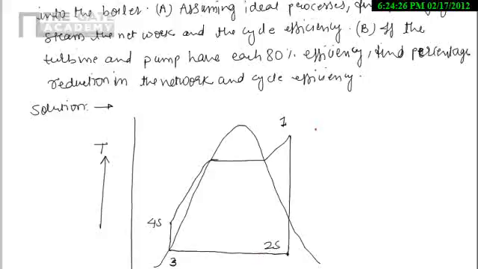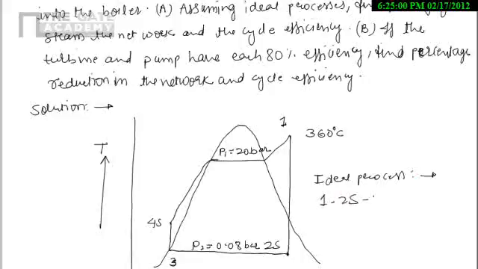So this one we are having at a temperature 360 degrees centigrade, and this pressure, suppose we are having P1, that is 20 bar, and this one P2 we are mentioning 0.08 bar. So this one is a typical ideal process. So I will write here the ideal process will be 1, 2s, 3, 4s, 1.